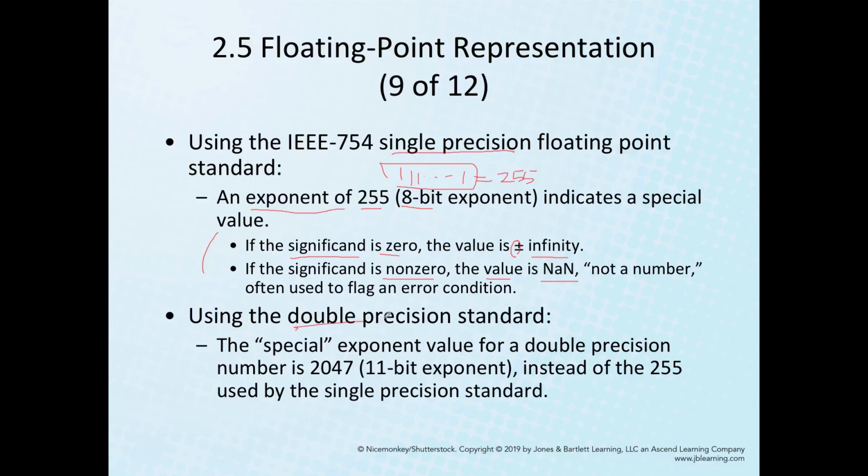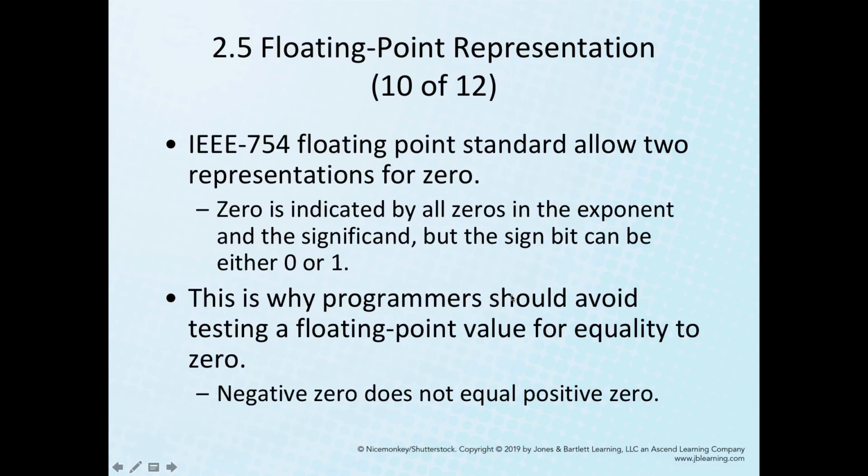In double precision, since the exponent has 11 bits, if you have all ones for 11 bits, the equivalent decimal value is 2047. So in either case, single precision or double precision, when the exponent has all ones, then depending on the significand, it's an infinity or not a number that is represented in floating point representation.